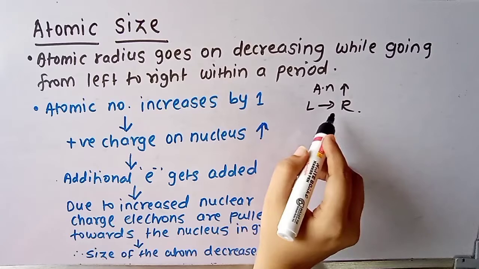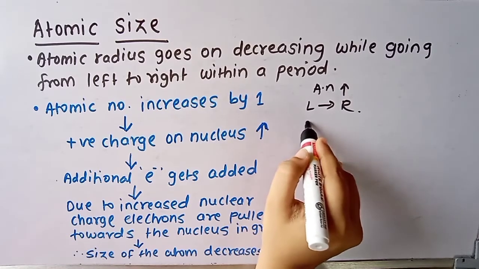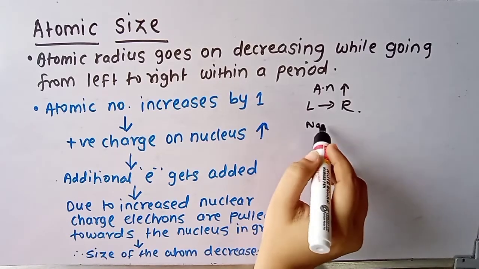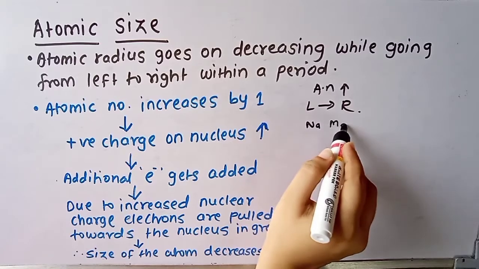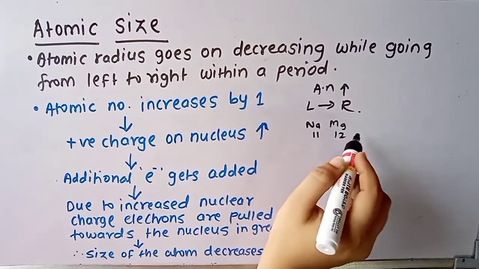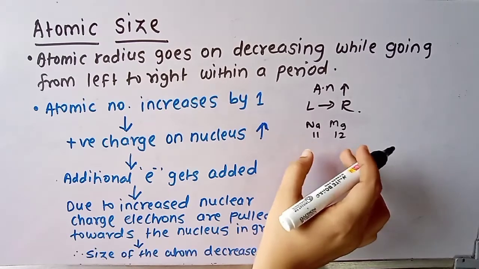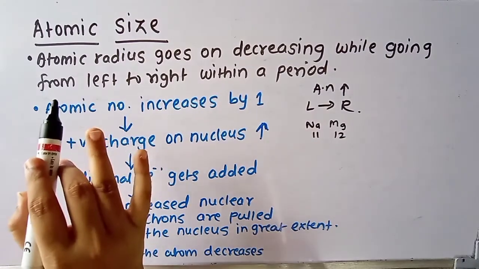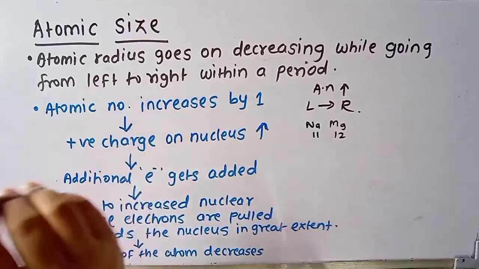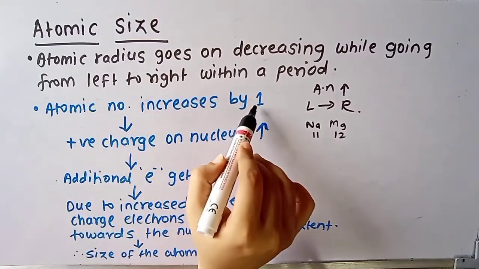We can take an example: sodium is in period 3, then sodium, magnesium, so 11, 12. Every time one electron is added. We know that while going from left to right within a period, the atomic number increases by 1.